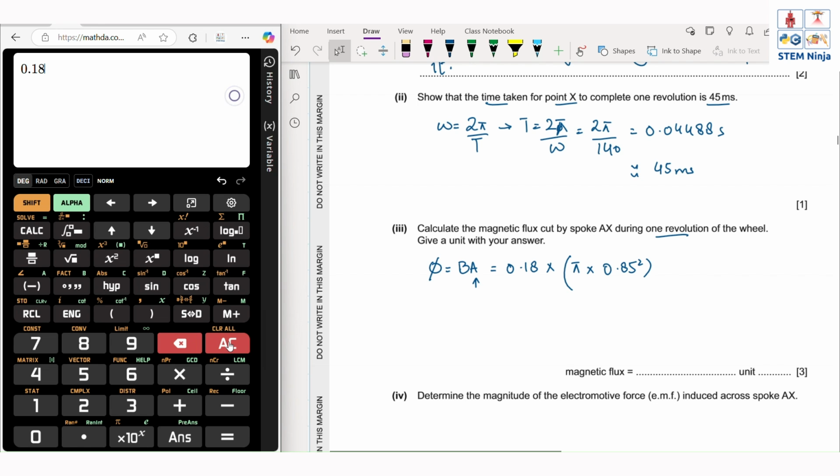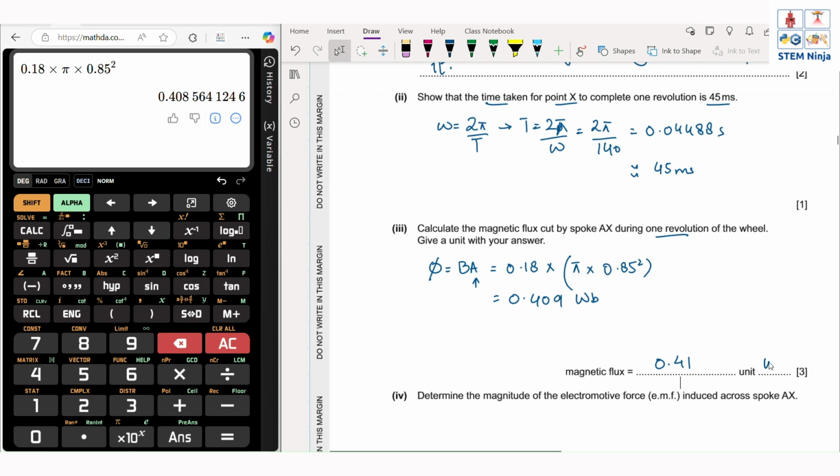So 0.18 times pi times 0.85 squared gives 0.408 or 0.409, let's call it 0.41 Webers.